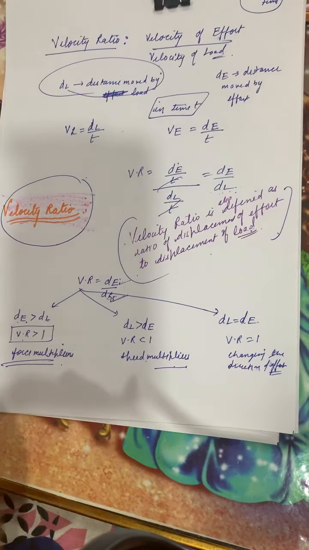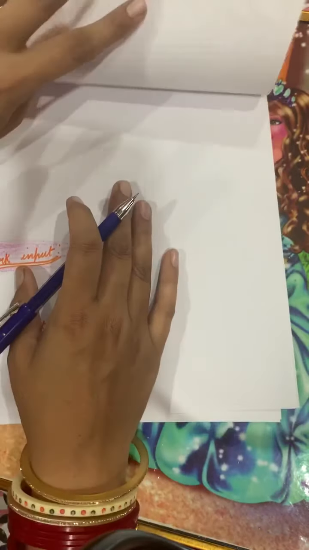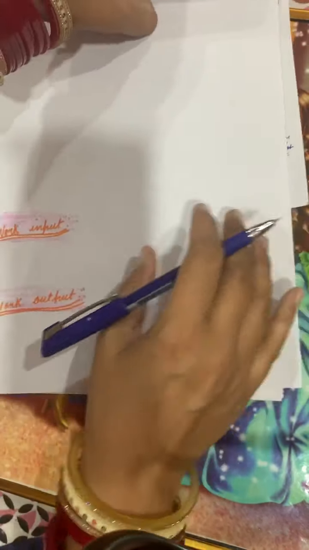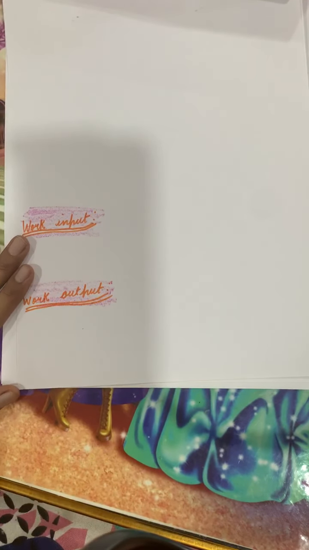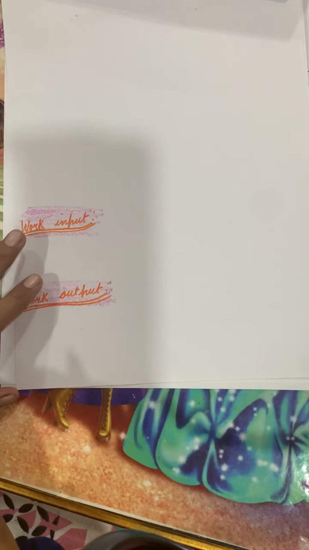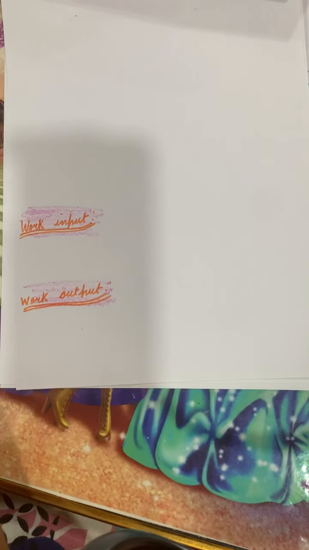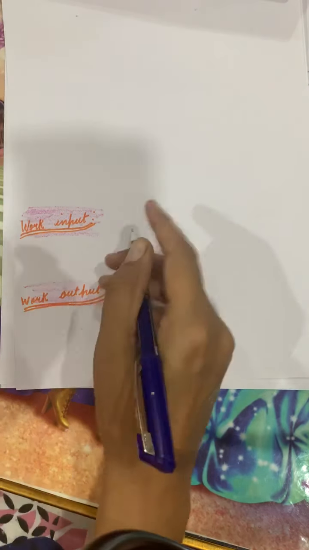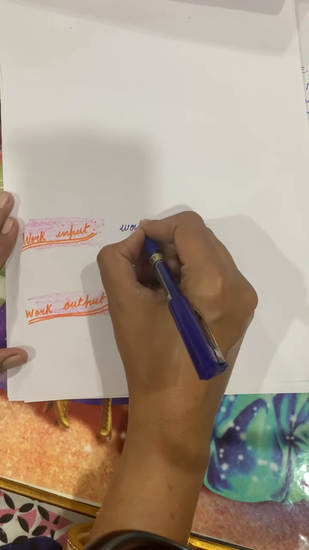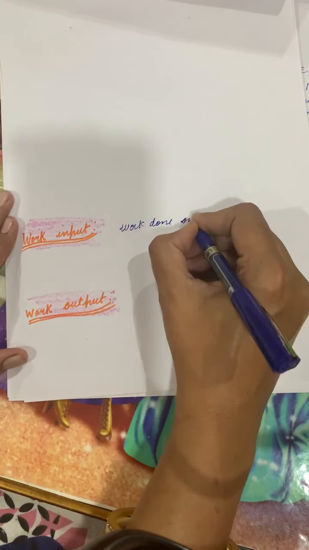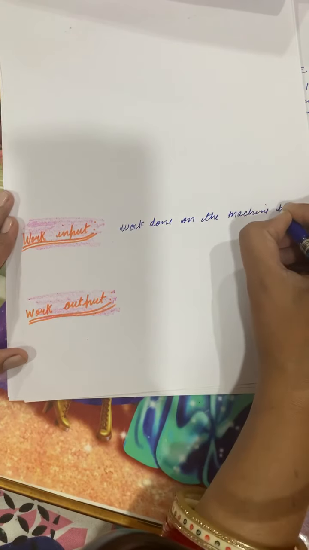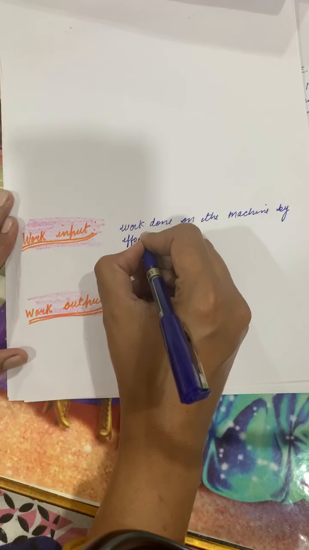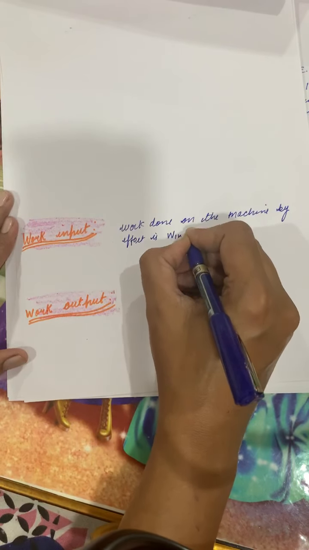Now the next technical term that I am going to introduce to you is work input. See students, the work done on the machine at effort end is work input, and work done by the machine at the load end is the work output. So I can say work done on the machine by effort is work input.